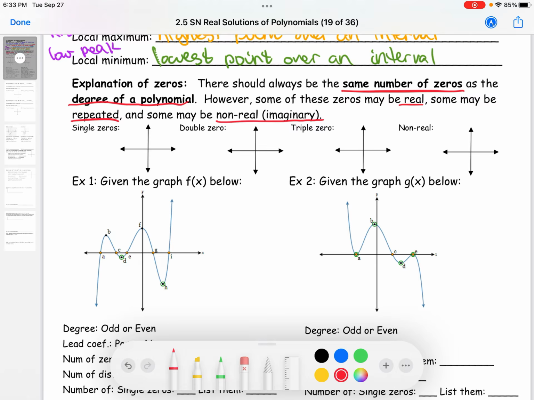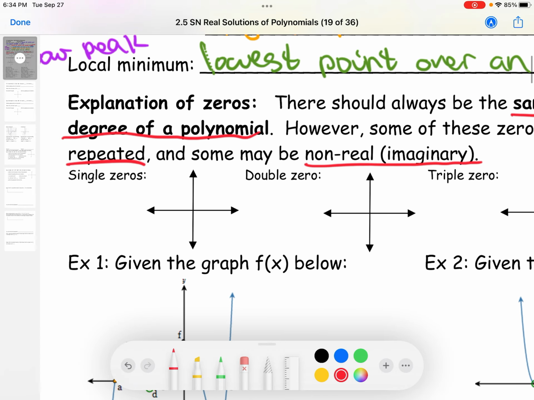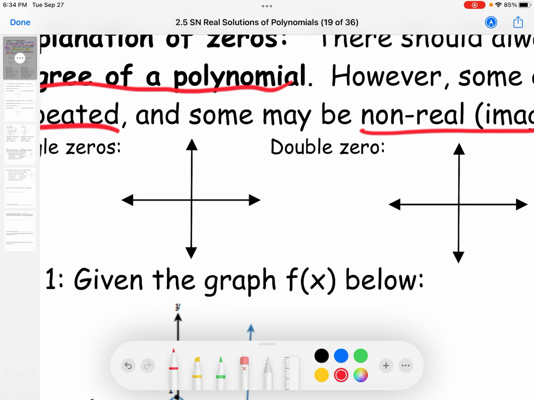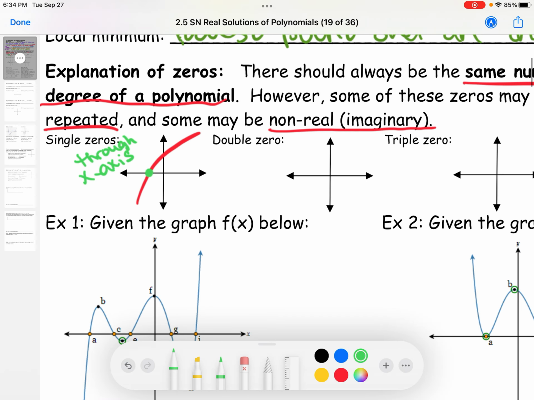A single zero or a single root will look like something just going clean through the x-axis. Nothing funny, pretty plain and simple.